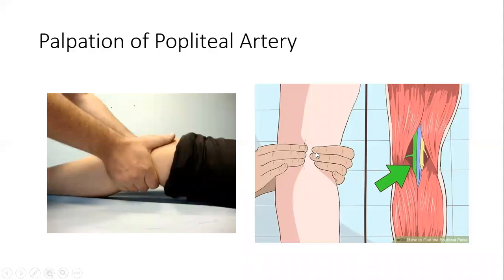And here, within the popliteal fossa, one will be able to palpate or feel the pulsation of the popliteal artery. Also, in the popliteal fossa, the popliteal artery can be compressed. That is called the popliteal artery entrapment syndrome. It can be compressed by the medial head of the gastrocnemius.